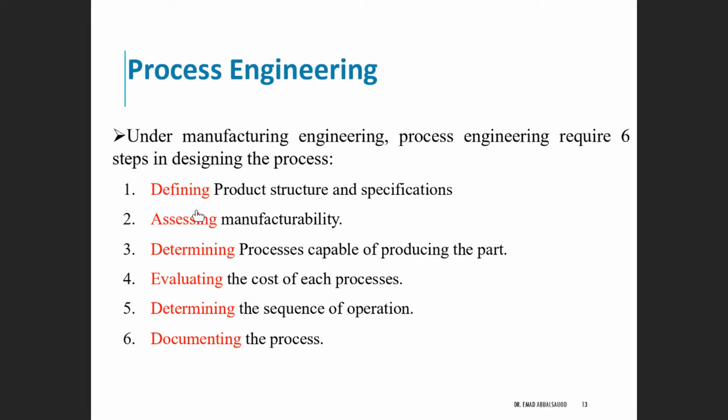You start with defining product structure and specification, مواصفات وهيكلة المنتج, then assessing manufacturability, where you evaluate how difficult or how complex your manufacturing is going to be, or how simple. So you evaluate the level of complexity here. Then determining the process capability of producing a part, and the capability here is different from the complexity.